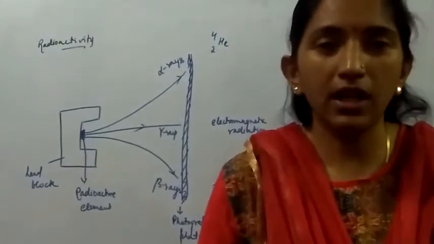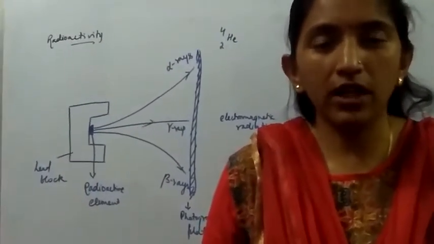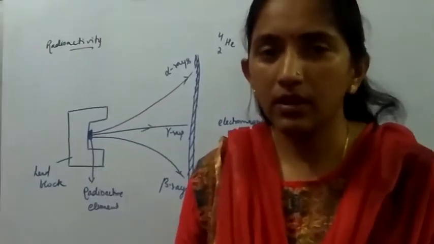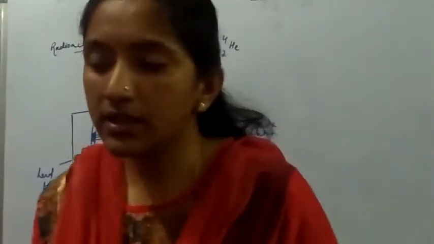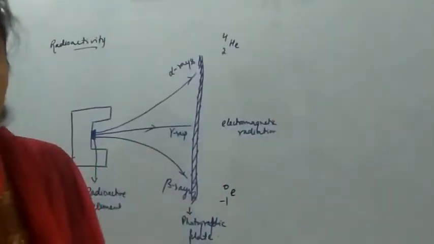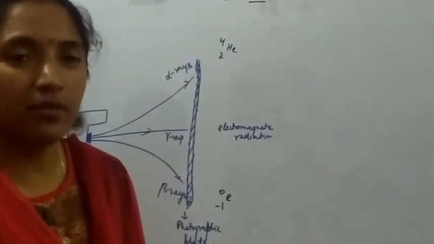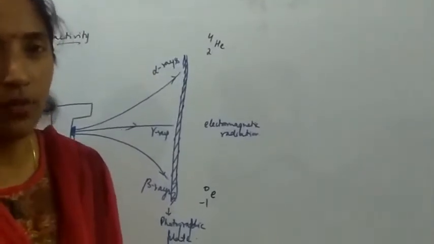Here we have a lead block, right, and inside that lead block we have a radioactive element. Here we have taken uranium. Radium can also be taken. When we use the word spontaneous, it means that they will just by themselves be emitting certain radiation, or certain kinds of rays, from the surface.